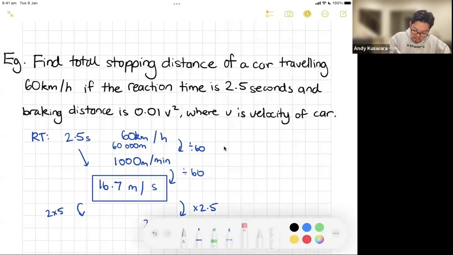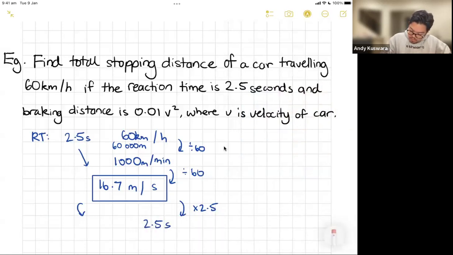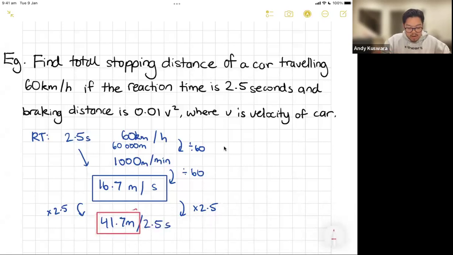And I'm going to do the same to the other side. So I do that. And I should be left with 41.7 meters. So far, my reaction time means that my car has traveled 41.7 meters.